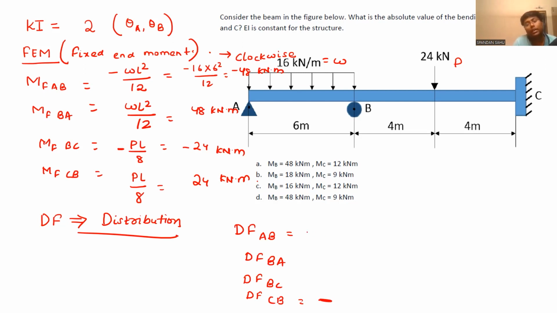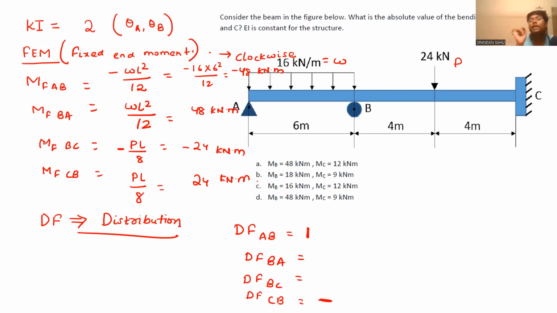So there is no distribution factor; this will be 1 because only one member is connected. So total stiffness will be the same as the member stiffness at that joint, so the numerator and denominator both cancel out and it becomes unity. Now, at joint B, what will be the distribution factor for the left member and for the right member?